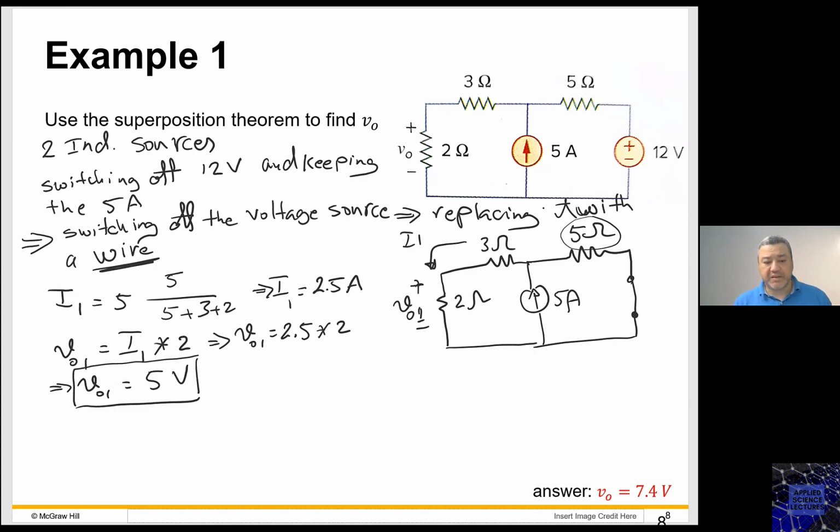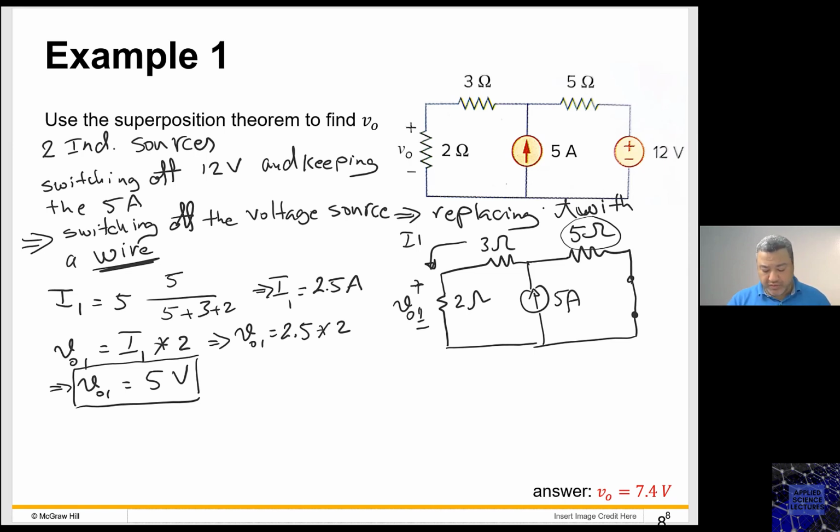Sure. Yes. So this equation I'm having trouble understanding. I1 is equal to 5 times 5 over 5 plus 3 plus 2. So that's 5 amps times the ratio of the other resistor to the total resistance.